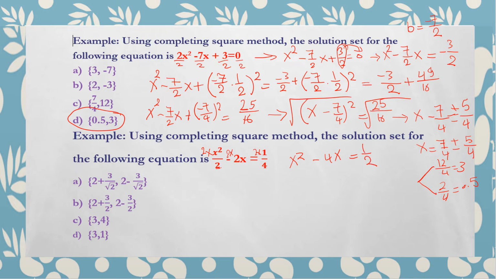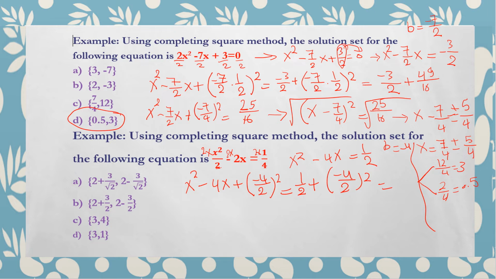And in this equation, b equals minus 4. So the next step is to add the coefficient, which is b over 2 all squared. So x squared minus 4x plus minus 4 over 2 all squared equals half plus minus 4 over 2 all squared, which equals minus 4 over 2 gives us minus 2.